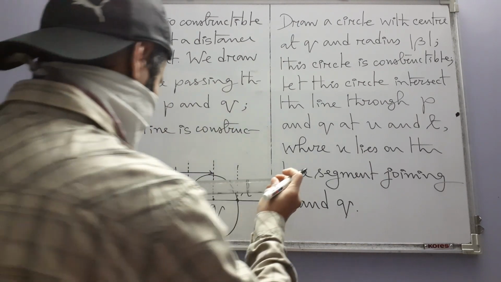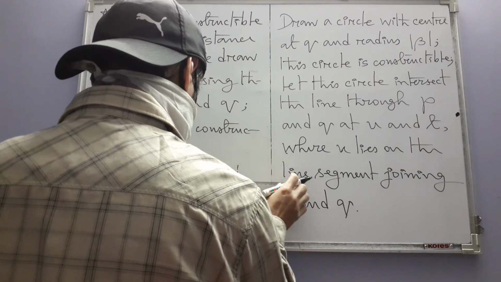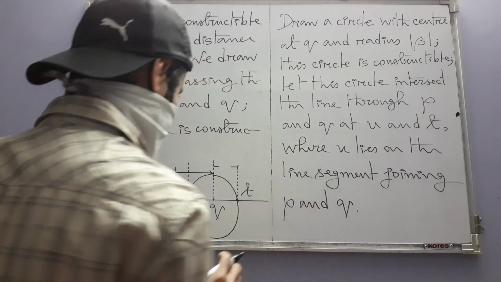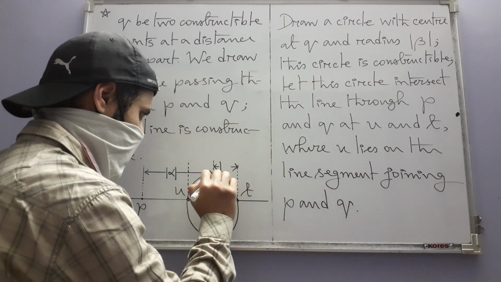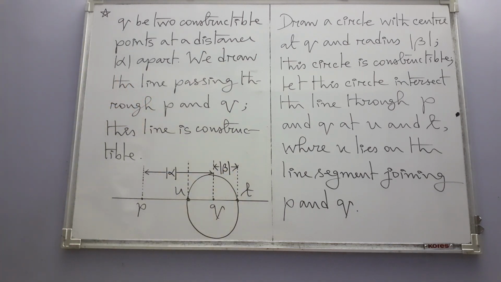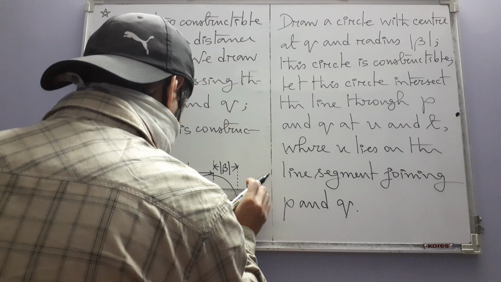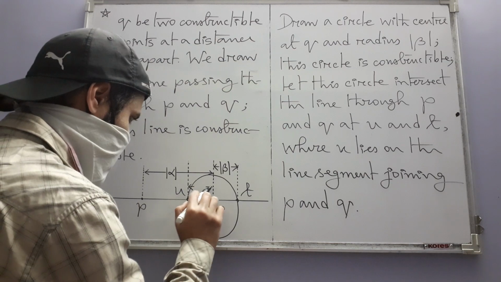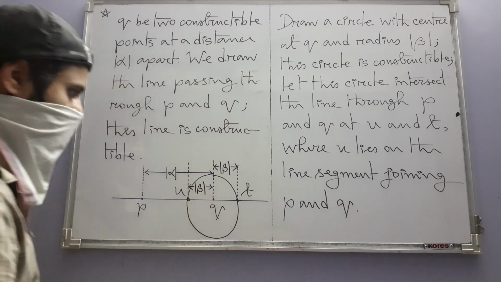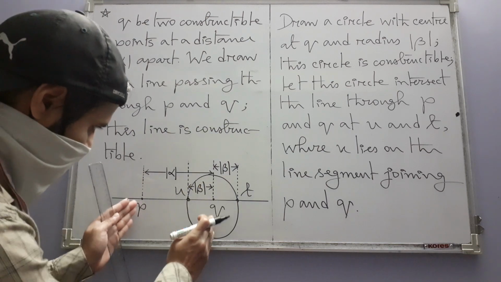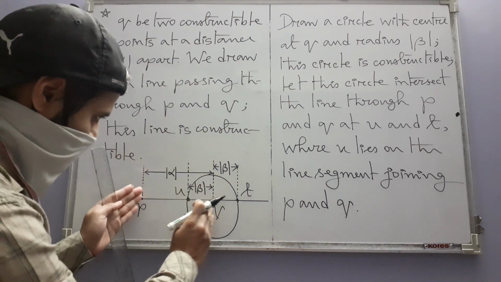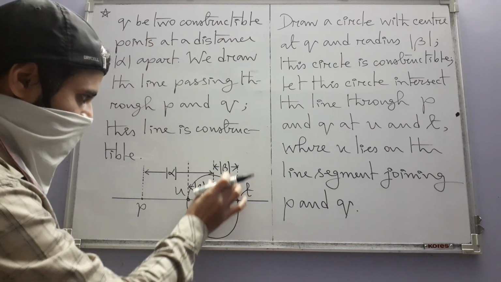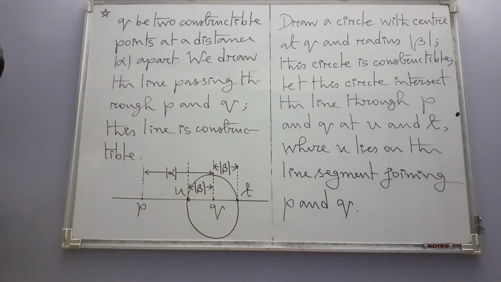This distance is beta, and of course this distance is also beta, or absolute value of beta to be more precise. So alpha, the absolute value of alpha, is the distance between P and Q, and due to this circle being of radius this much, this distance is also this much.